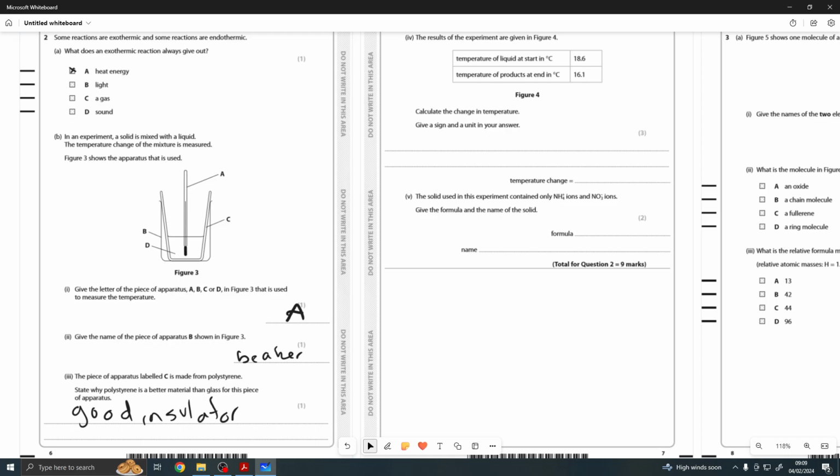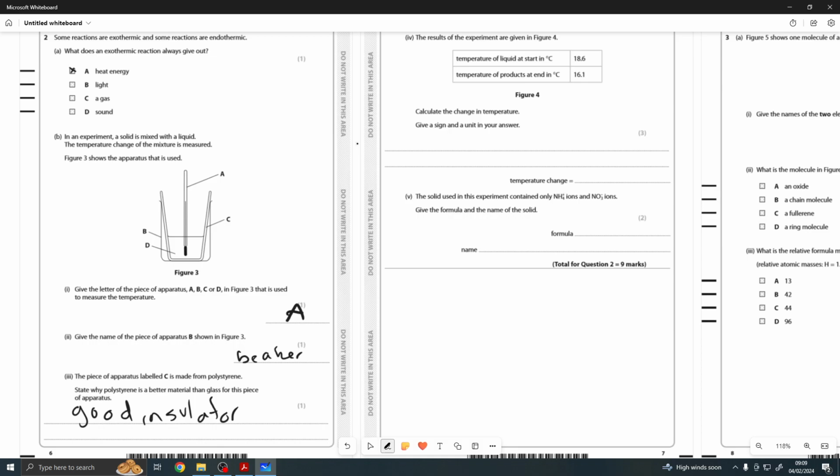Now, the next one says, the results are given there. Calculate the change in temperature. To calculate the change in temperature, we basically need to see what happened to it as time went on.